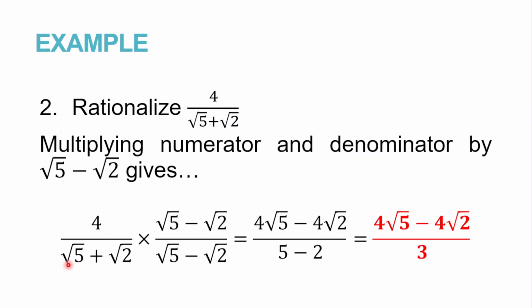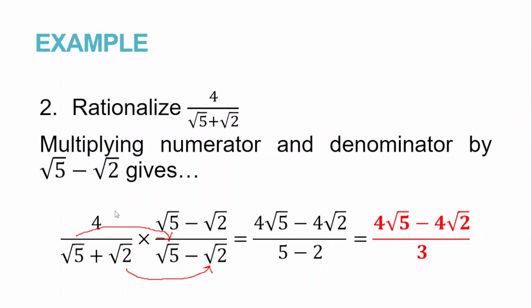But here, we're going to use the FOIL method, but I have a secret for you. If we're gonna multiply an original expression by its conjugate, you can just simply multiply this on this and this on this, and it works for all conjugates.